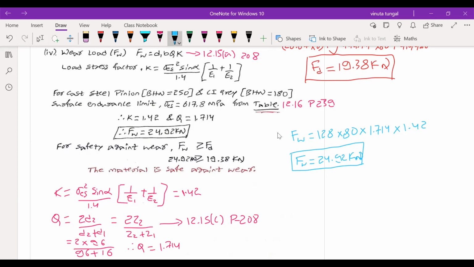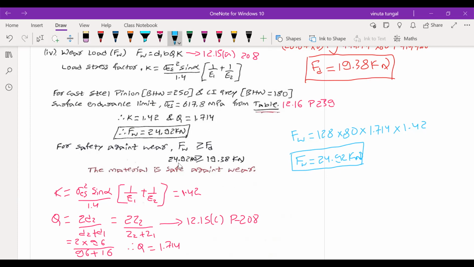Always the wear load should be greater than the dynamic tooth load. Then only the design will be safe. For safety against wear, always the wear load should be greater than the dynamic tooth load.